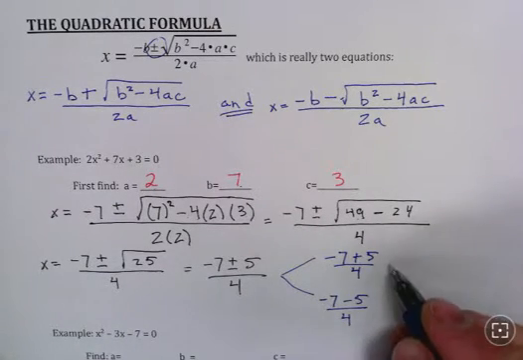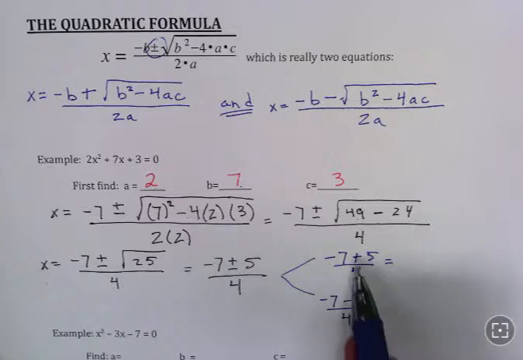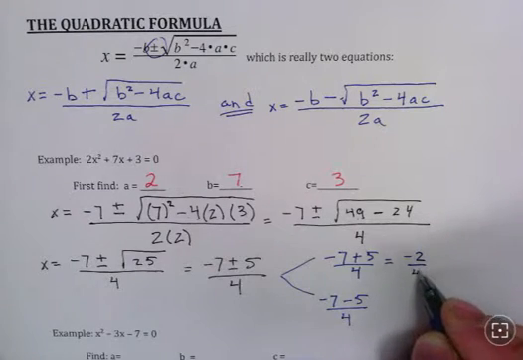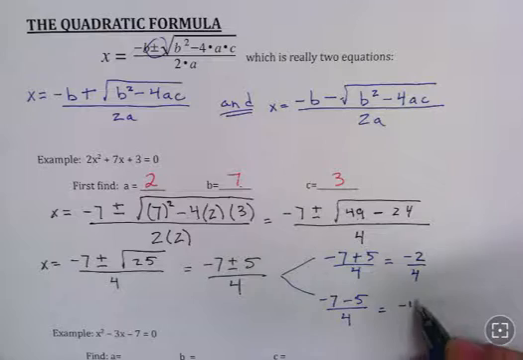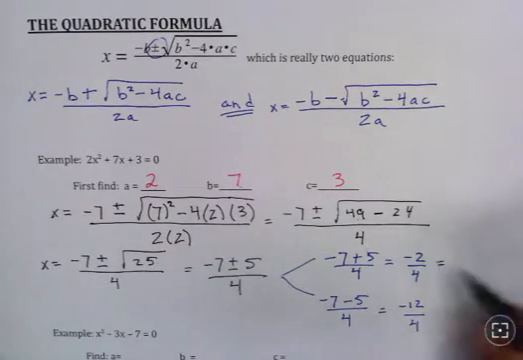Now you simplify each of these, right? Every time you've heard me say all over 4, that's important because now you do the numerator, the top, first. Negative 7 plus 5 is a negative 2 divided by 4. Negative 7 minus 5 is a negative 12, still over 4. And we simplify here.